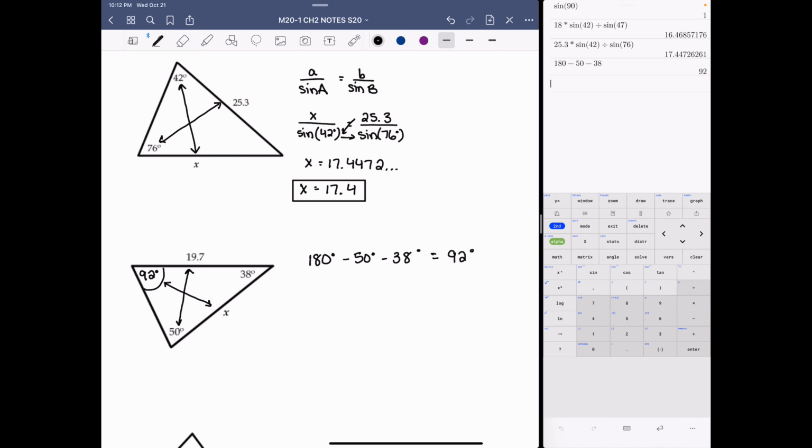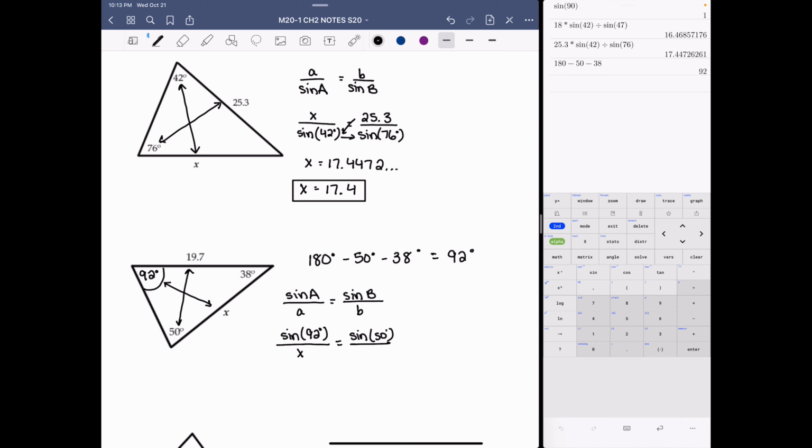Write my sine law. I'll do the angles on top this time. Sine A over a equals sine B over b. Then I plug in my values. I'm trying to find x, which is across from angle 92. So sine 92 over x equals, the full angle pair has 50 degrees for the angle, so sine of 50 degrees.